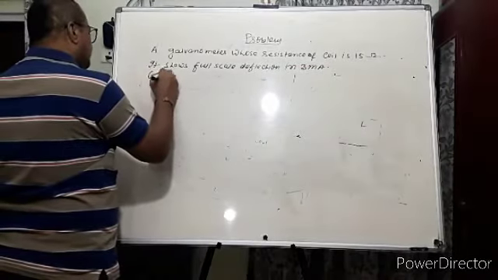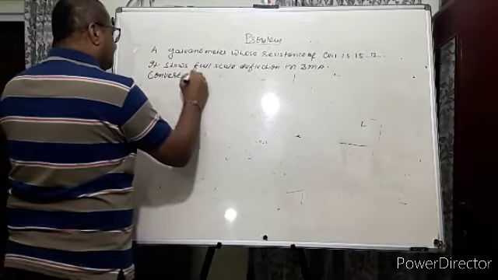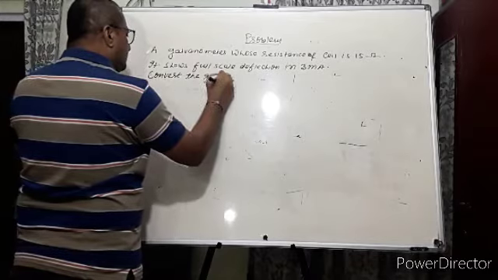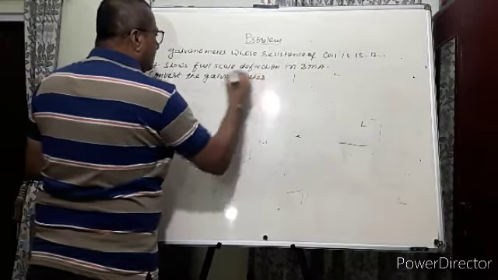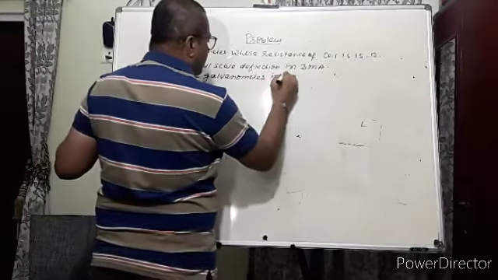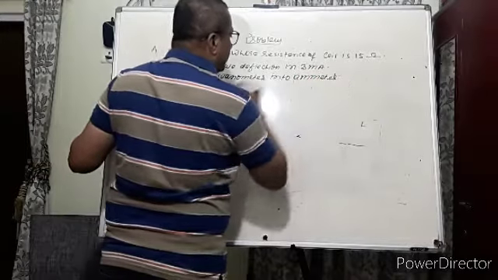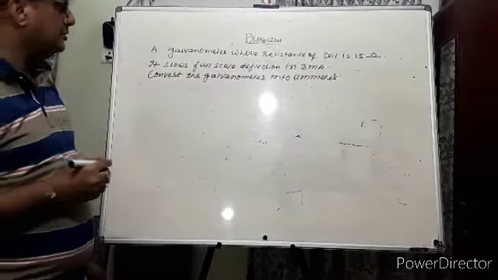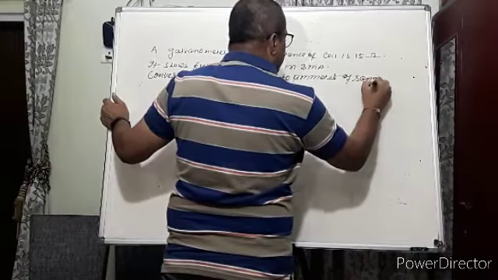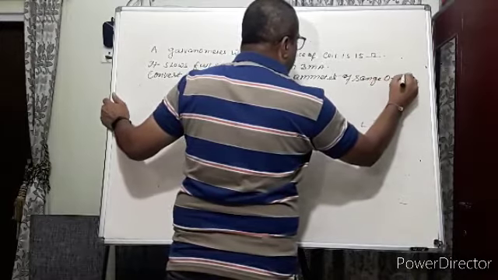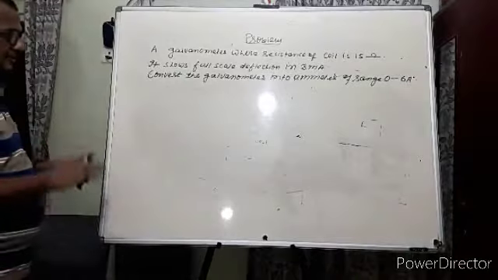Convert the galvanometer into an ammeter of range 0 to 6 ampere. This is the question.